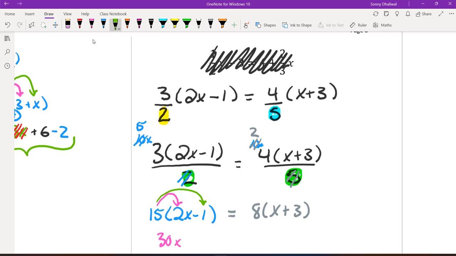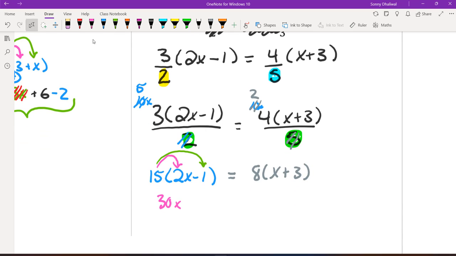What number do I write down? Negative 15 or minus 15, like that. Now I take this 8 and I put it through this bracket. 8 times x just gives us 8x. And we go 8 times the next number. What do we write down? 24. Positive or negative? Positive.